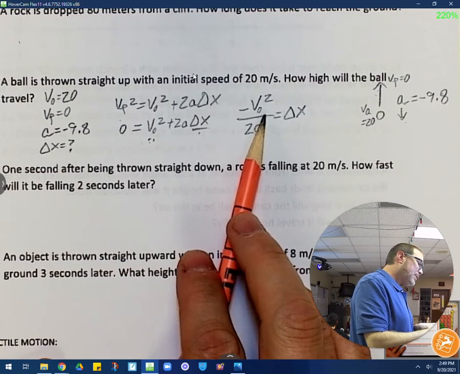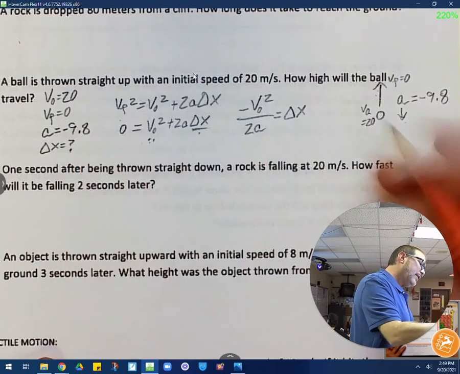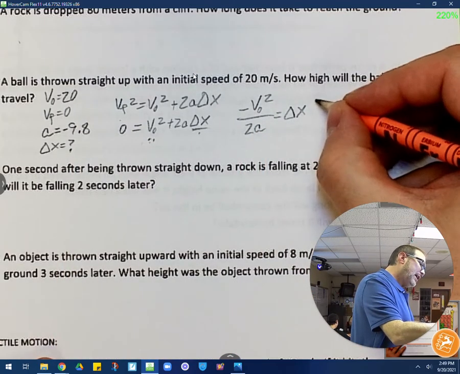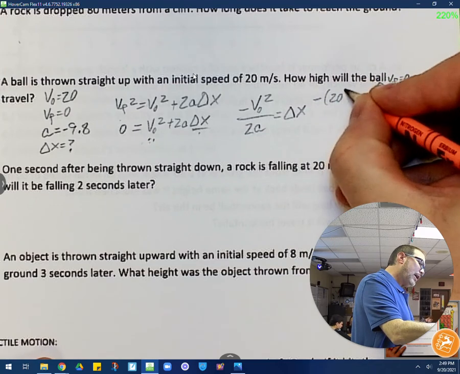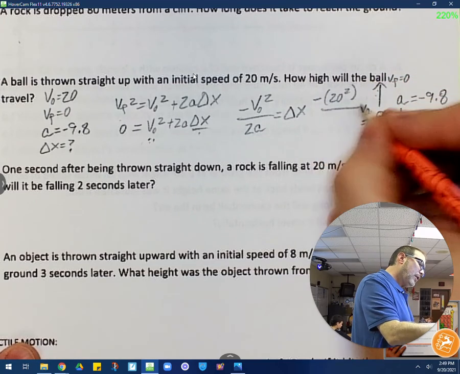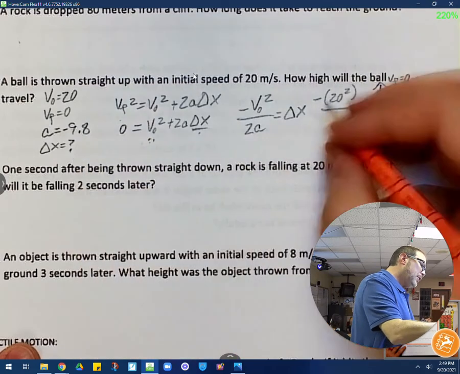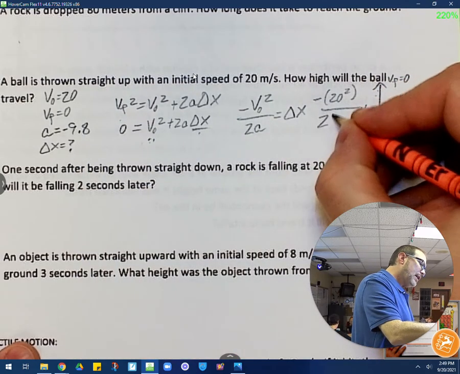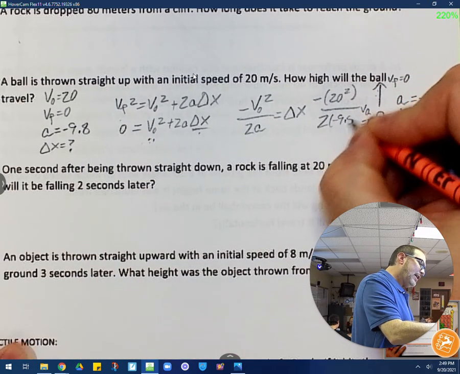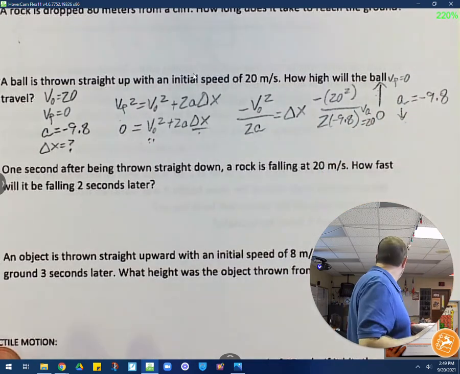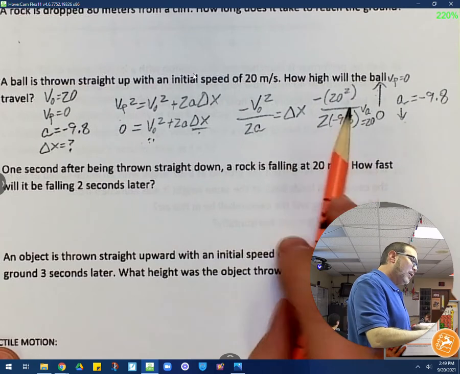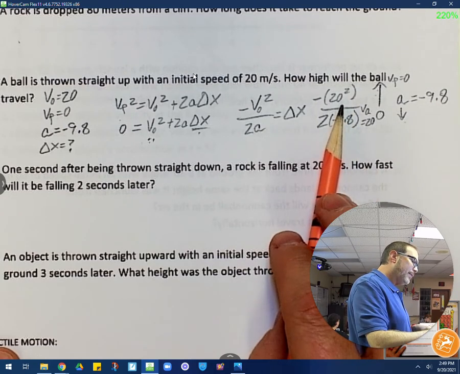Let's do V0 squared, which is 20. So it's going to be negative of 20 squared over 2 times negative 9.8. What do you think those negatives are going to end up doing? Exactly. Okay. So 20 squared is 400, right?